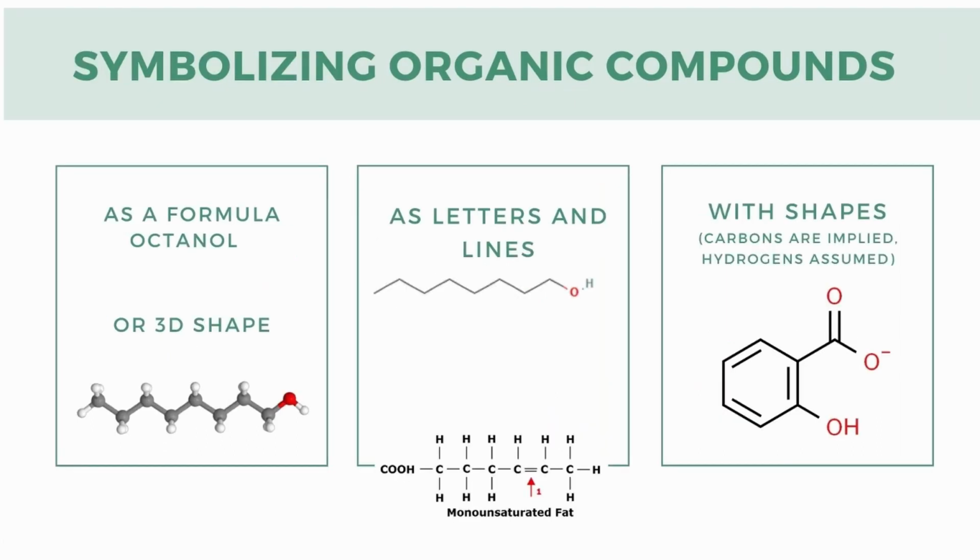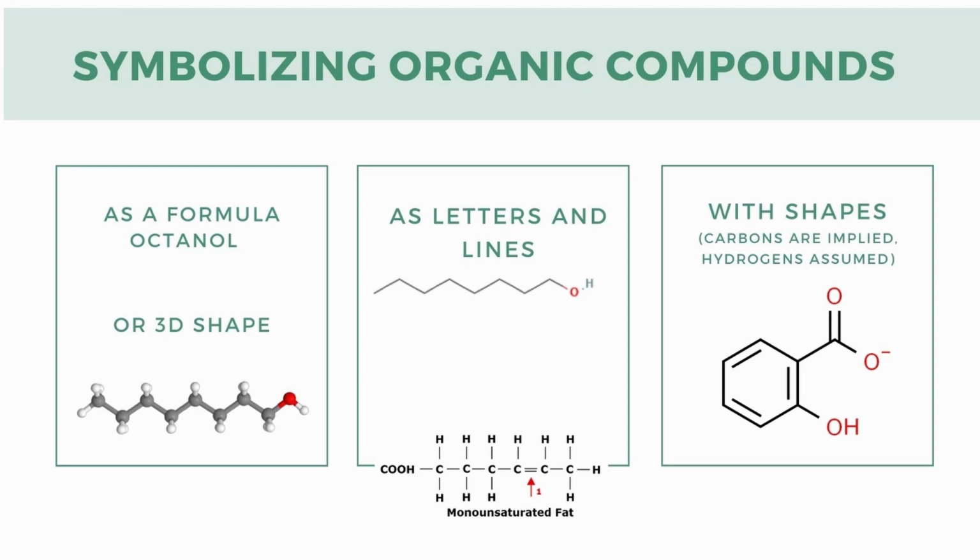Our next slide is going to be about symbolizing organic compounds. We could certainly write organic compounds as a formula, which is one of the basic ways to talk about a chemical.